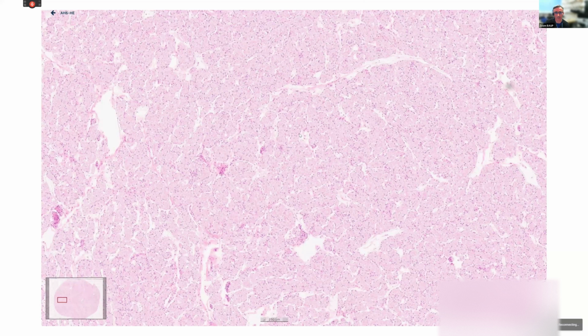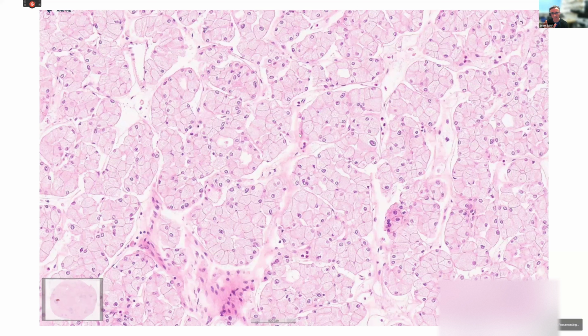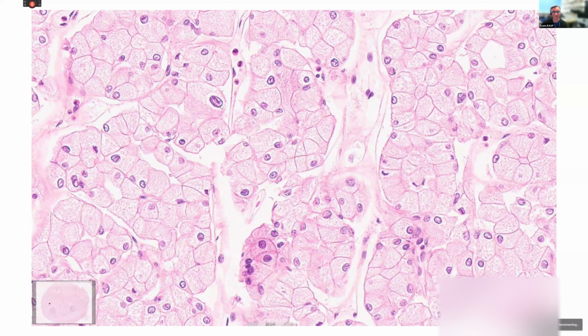And again, they look sort of lightly eosinophilic. Again, the cell borders seem to stand out a lot more in this case. Cell membranes are very, very prominent. The nuclei vary in size and shape. We've got some small ones and some raisinoid-looking ones as well, and a perinuclear halo in quite a few of them.